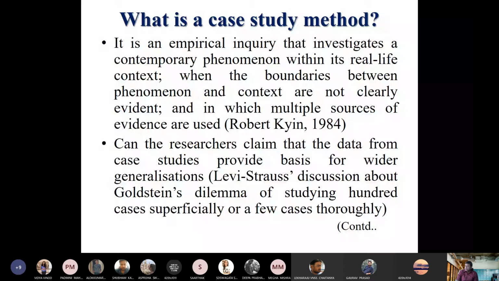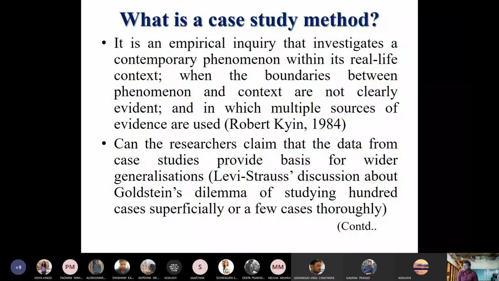Because generally, most of our studies are very specific to a particular location. And we are a bit confused: getting some information on a particular community, on a particular location, can we generalize this? That is what Levi-Strauss was asking. While you are taking a case study, you are mostly dealing with an individual living in a particular location or area, or you are making a case study on a particular institution, a particular company, maybe one unit or a group or a community.